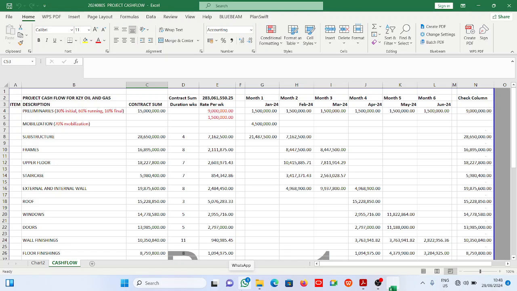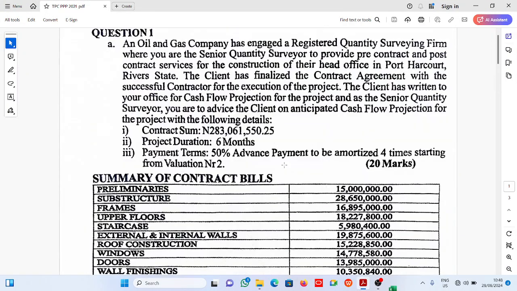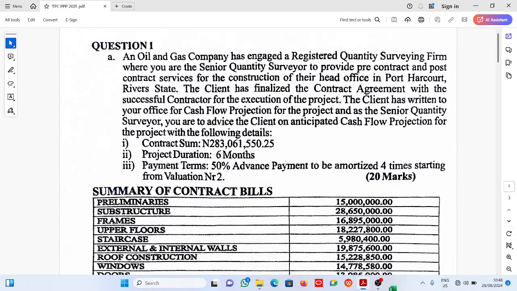All right, this is the question. It says that an oil and gas company has engaged a registered quantity surveying firm where you are the senior quantity surveyor to provide pre-contract and post-contract services for the construction of their head office in Port Harcourt, Rivers State.